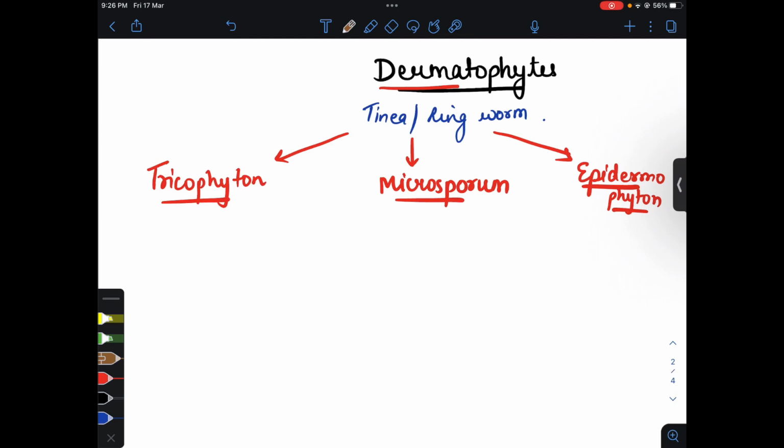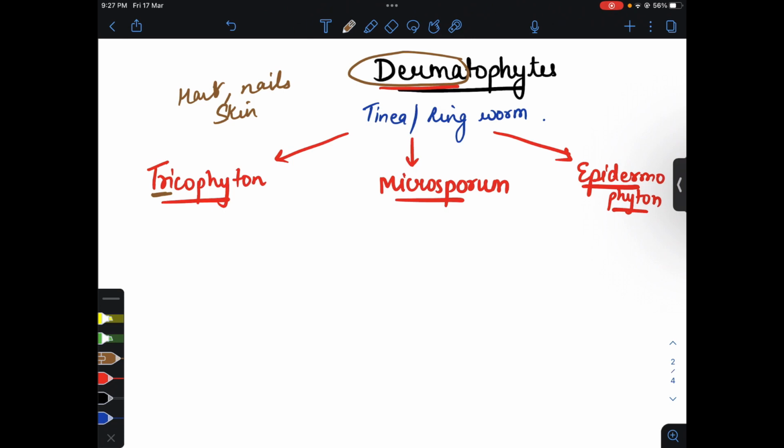So how can we remember these 3 conditions? As it is related to derma, it is related to skin, and in skin we have hair, nails, and skin. So these are 3 parts: hair, nails and skin. Tri means all 3.